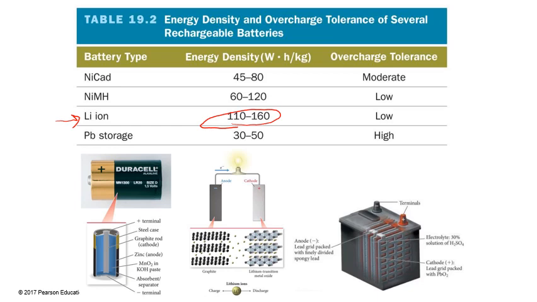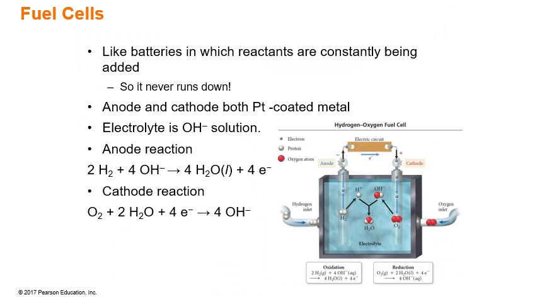Another type is lead storage, and these are what get used in automobiles most frequently. Another way that we can produce energy through redox reactions is using fuel cells. And unlike batteries, which have a fixed amount of reactants, we can constantly add in hydrogen and oxygen.